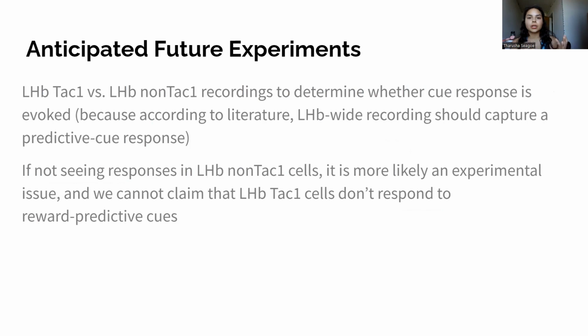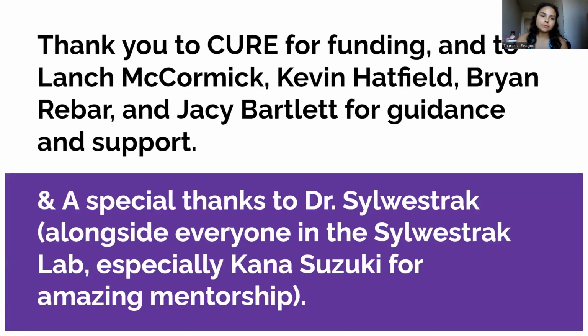In the literature, there are RPE responses to the predictive cues in the lateral habenula, but we didn't observe them. That could be because the experimental setup wasn't good to evoke them, or because Tac1 neurons are not responsible for that. So this would give us a better idea of what's really happening.